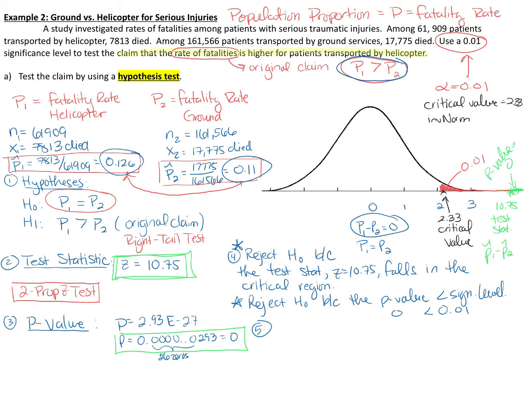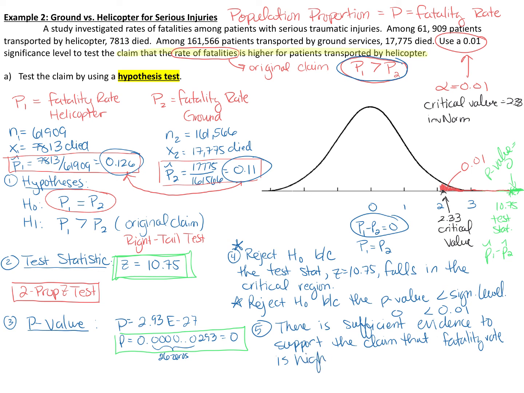So here, you would state that there is sufficient evidence to support the claim, which is the alternative hypothesis, that the fatality rate is higher for patients transported by helicopter.